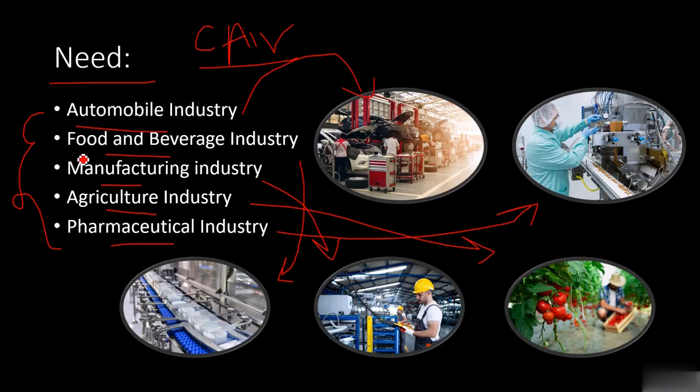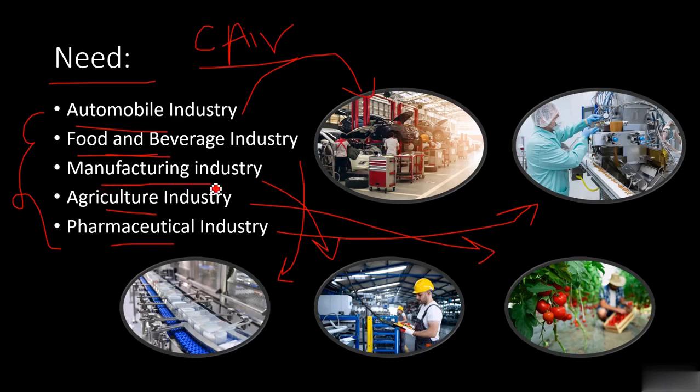For the food industry, we can say packaging, or blowing the packages, like the plastic packages of food, which are blown using compressed air. We already know what the blowing operation is.